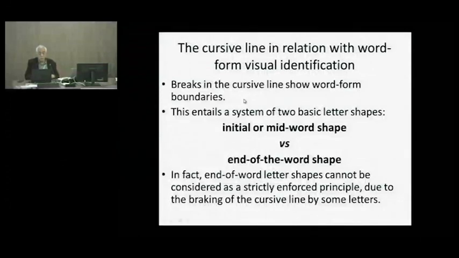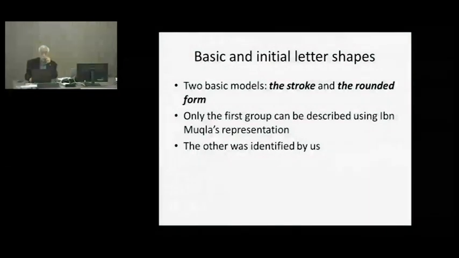So breaks in the cursive line show word form boundaries, as I have just mentioned. So this entails a system with initial or mid-word shape versus end of the word shape. This is not 100% operational because of the letters who break the cursive line. But it works for an important part of the alphabet.